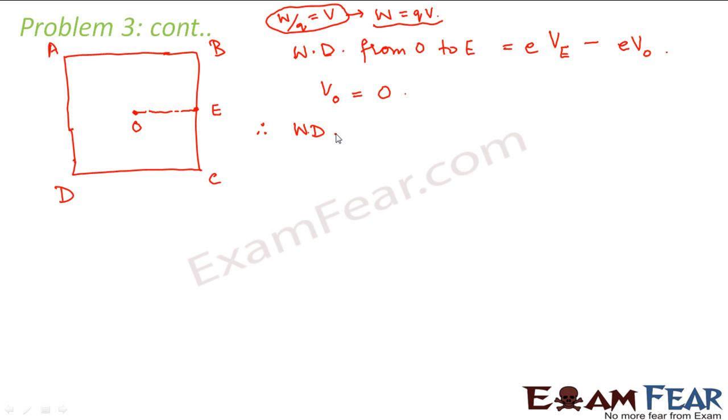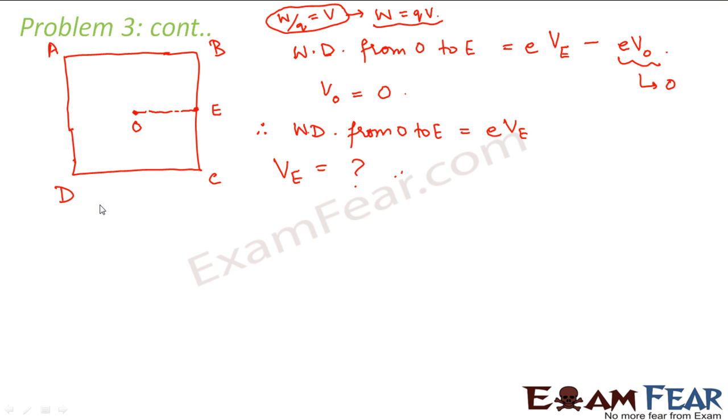Therefore, the work done from O to E will be equal to E into VE. Right? Because this term becomes 0. So now our motive is to calculate the net potential at point E. So we have to calculate the value of VE.